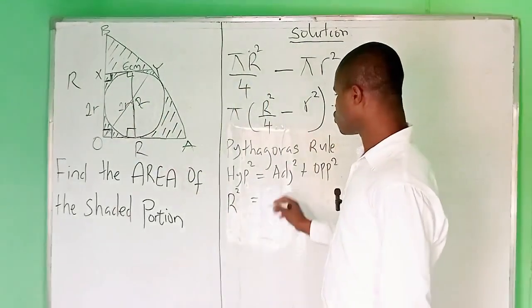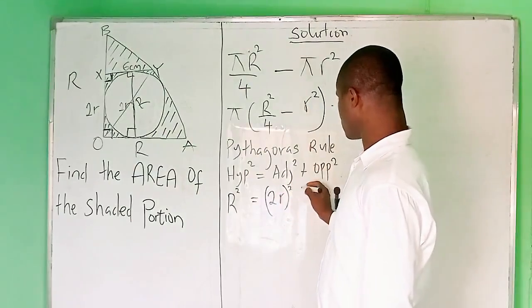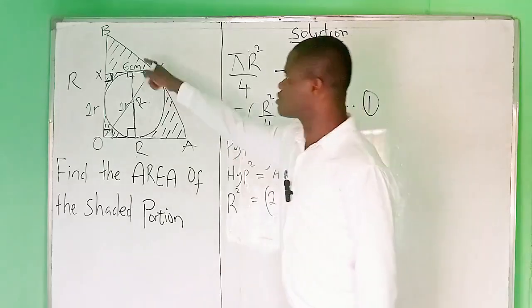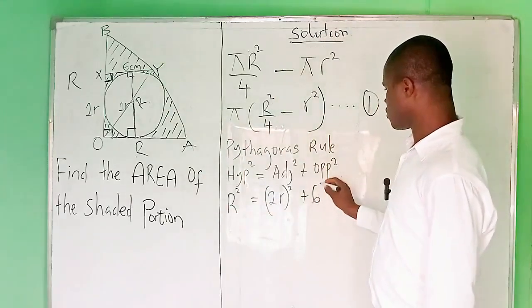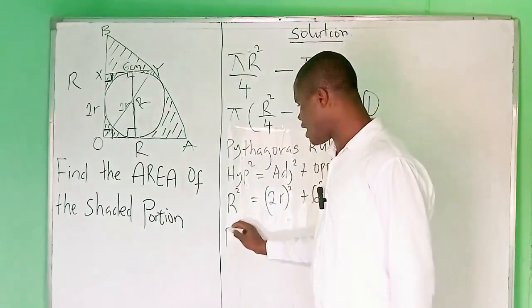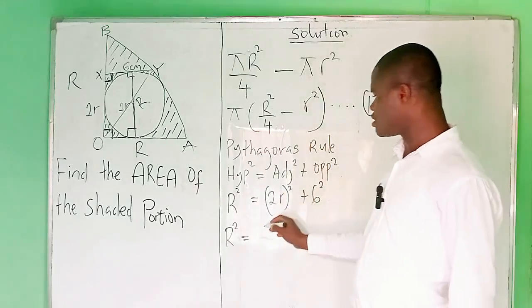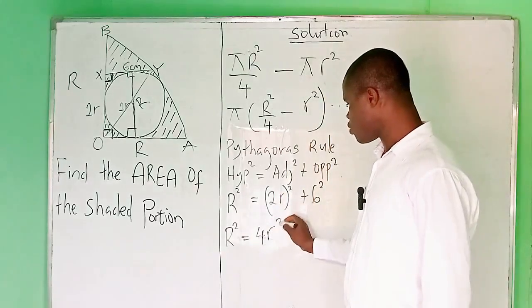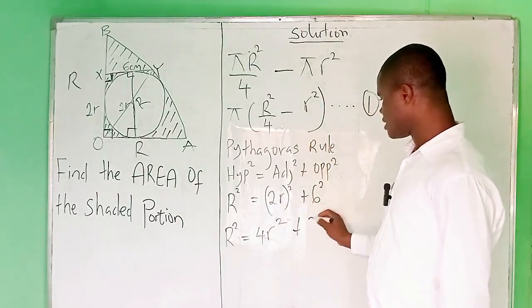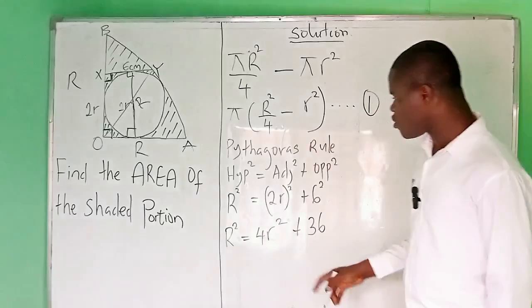Our adjacent is 2r all square, plus opposite, which is 6 square. Okay, so simplifying this, it becomes R square is equal to 2 square is 4, r square, plus 36. That is 6 times 6 is 36.